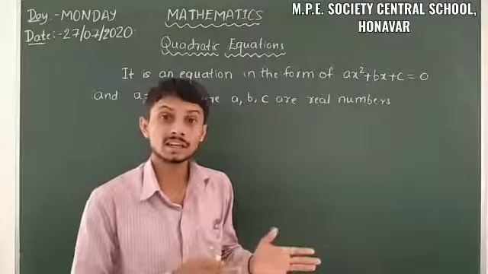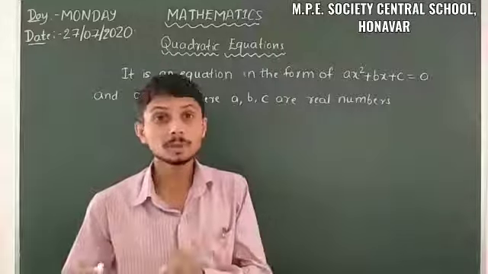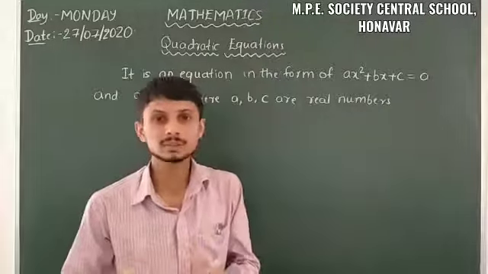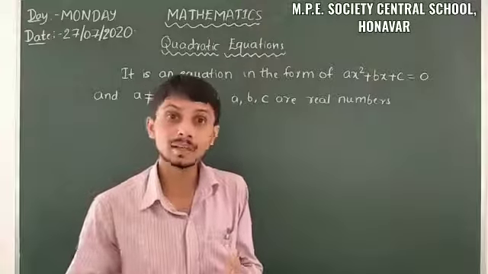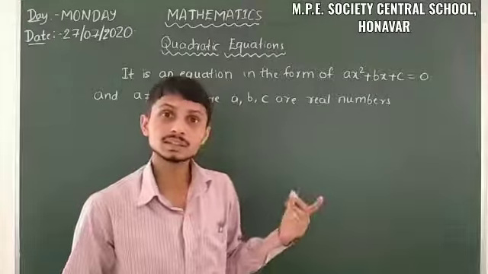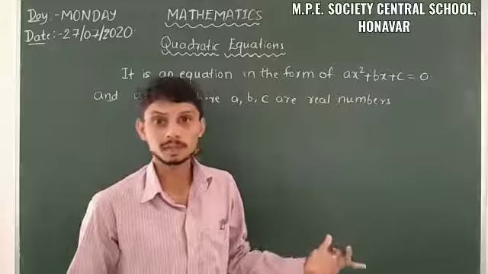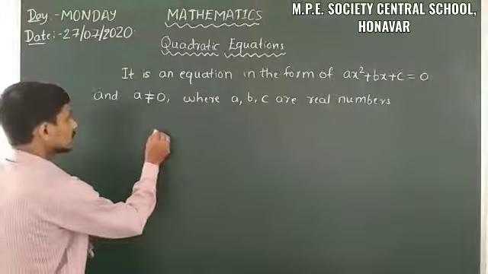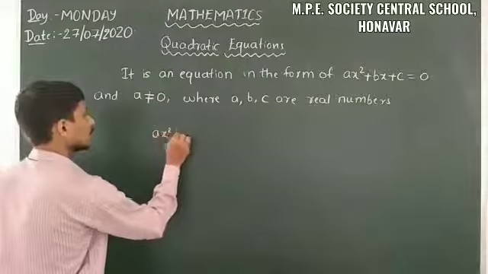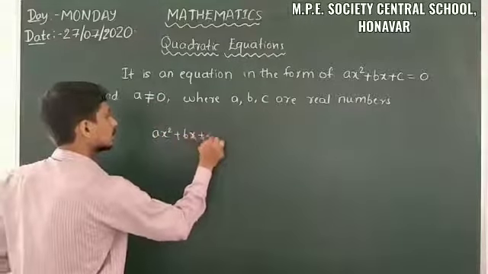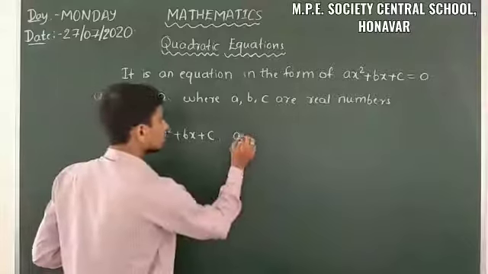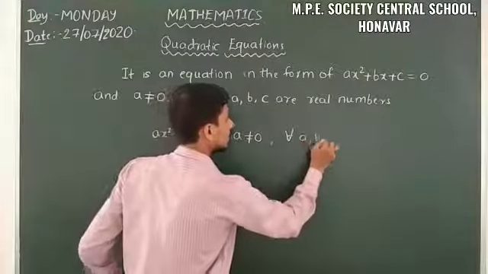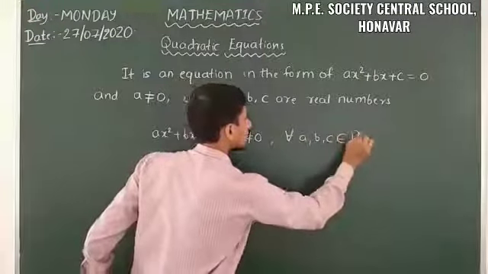We already learnt about mathematics as a language. There are many symbols, and we have to express it in a mathematical language. So an equation in the form ax square plus bx plus c, a is not equal to 0, for all a, b, c belongs to the real numbers.